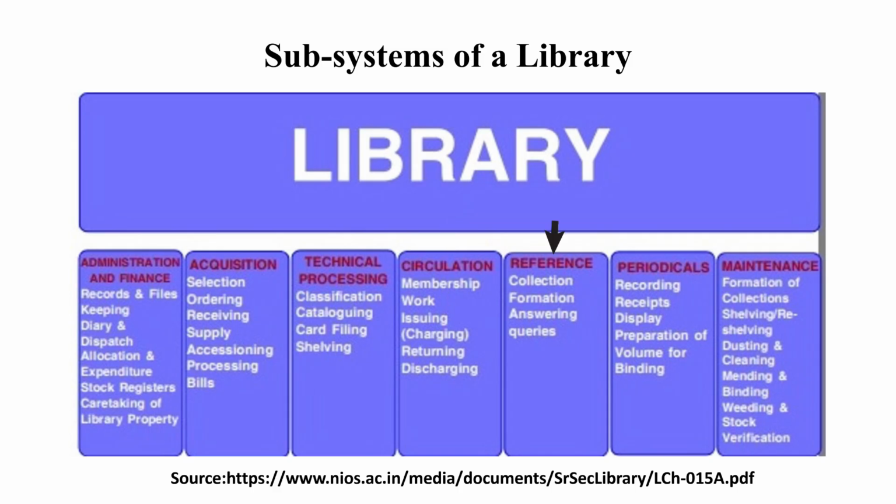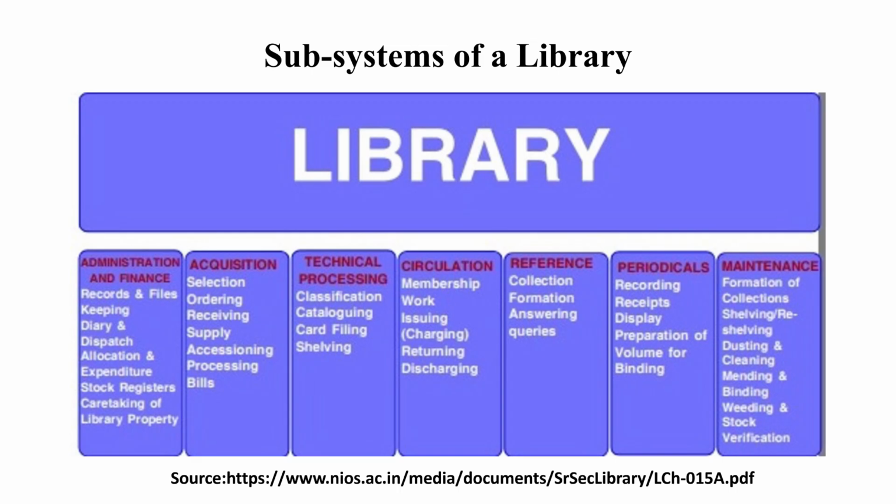The reference section may have components like collection, formation, answering queries. Periodical sections may have components like recording, receipts, display, preparation of current contents, and volumes for binding. Maintenance sections may have works like formalization of collections, shelving, reshelving, dusting and cleaning, mending, binding, weeding, and stock verification.